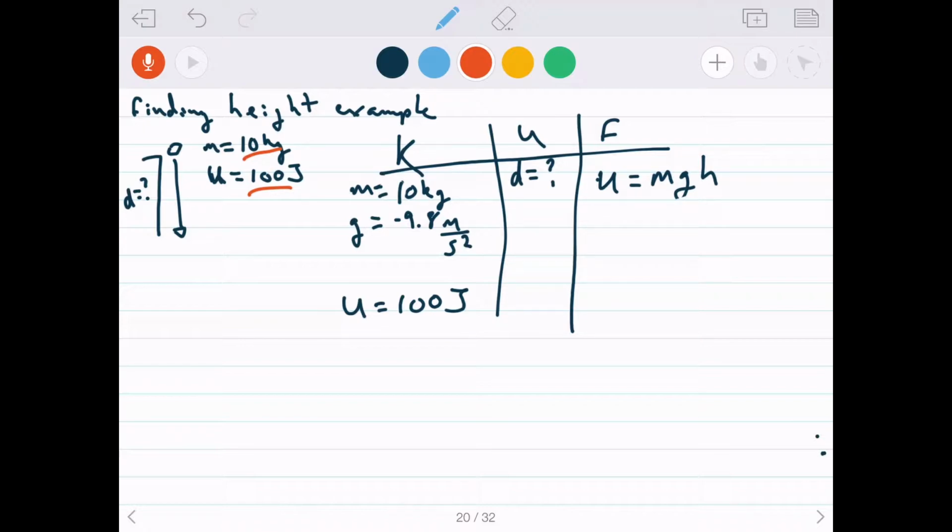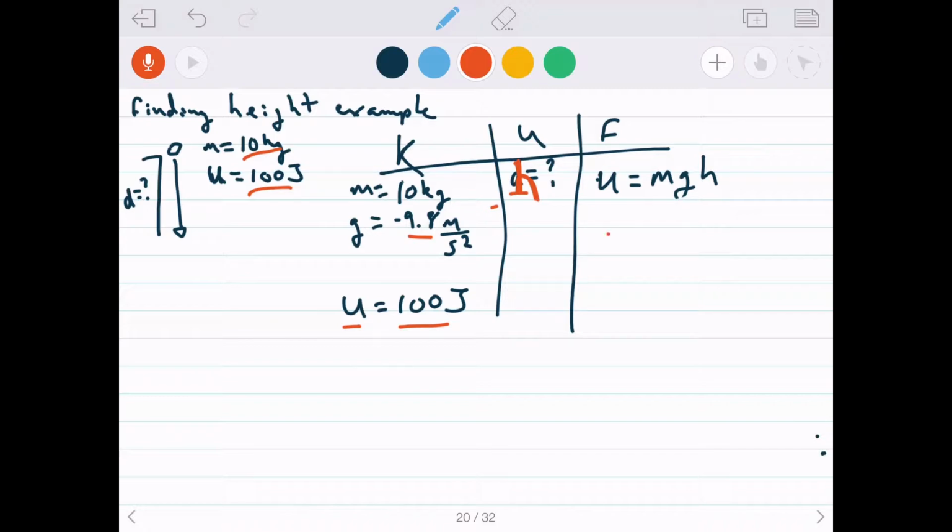We want to know what's this height or this distance. So the mass is 10 kilograms. Acceleration due to gravity is negative 9.8 meters per second squared, and the potential energy is 100 joules. My unknown, I'm looking for distance, which is the same thing as height. We could use the letter H.